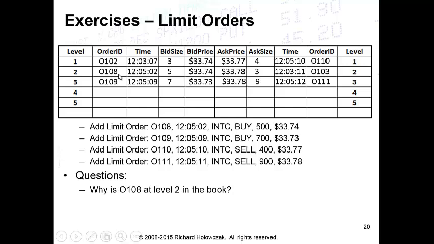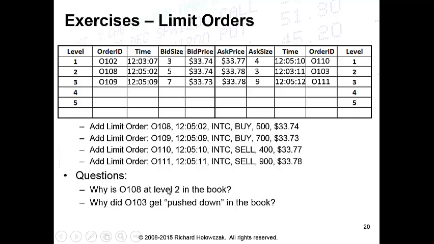The main reason why order 108 is at level 2 in the book is even though it ties for price with order 102, that is the $33.74, it came in at a later point in time. And so therefore, given the price time priority, order 108 comes in next in the book. So they're tied on price, $33.74, but order 108 came in afterwards, and so that's why they are ordered in this way.